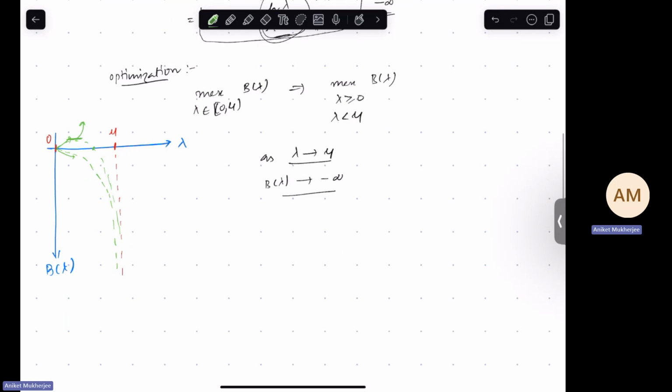But before doing all this, we need to see whether the gradient is decreasing from 0 to mu. So what I'm talking about is the gradient of the gradient, that is what we want to find out.